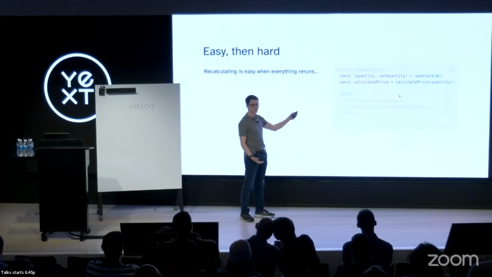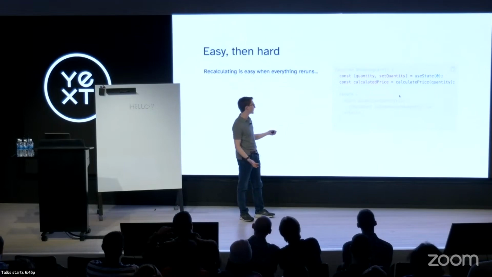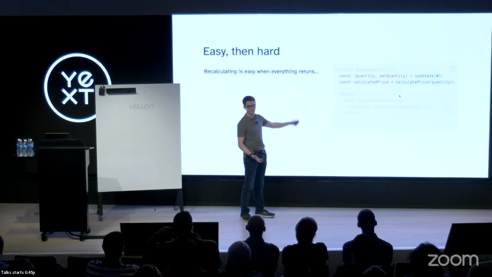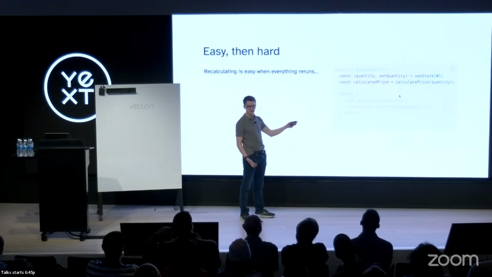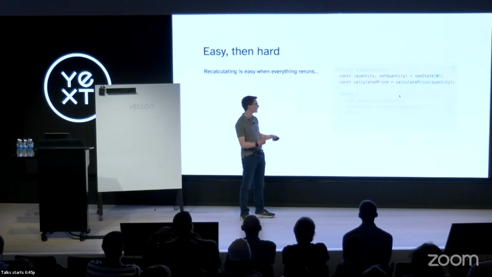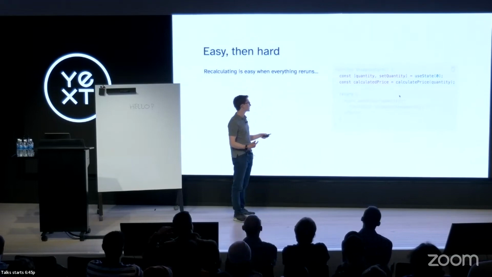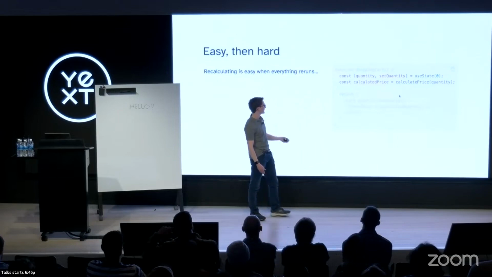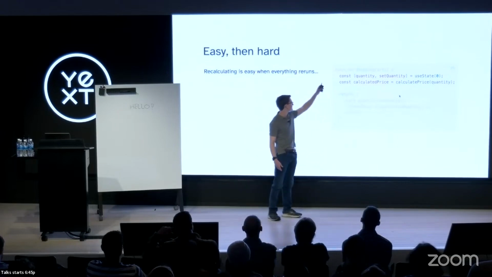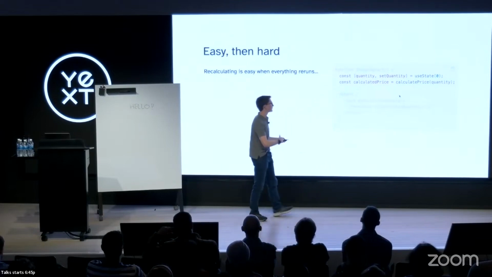Here I have a shopping cart example you might have on an e-commerce site. Very simplified code example. But say you have the quantity of what someone is purchasing and you want that to increment and decrement. And you want to calculate the price based on the quantity that they have in their cart. Well, since React is going to rerun the entire component that state is encapsulated inside of, anytime this state variable changes, it's going to rerun the whole shopping cart function and rerun this calculated price here.